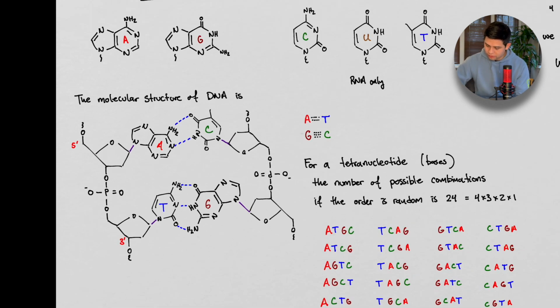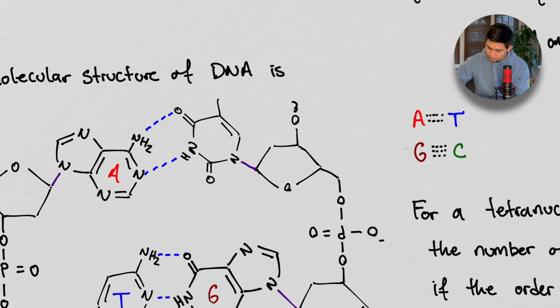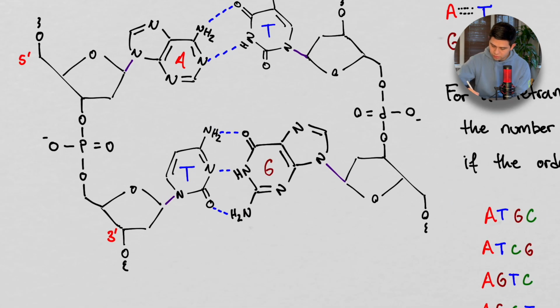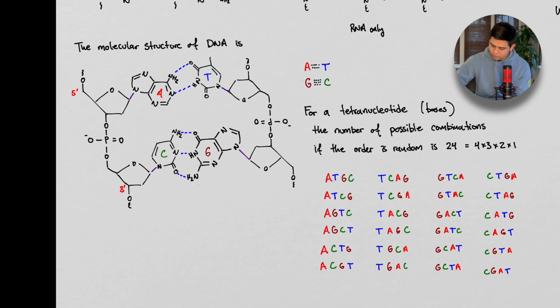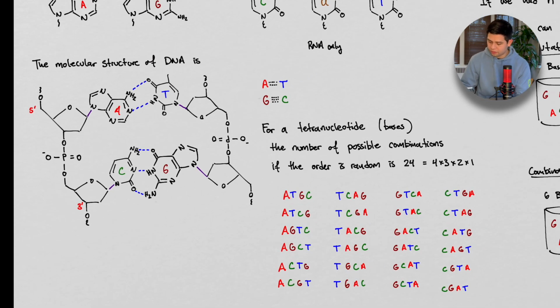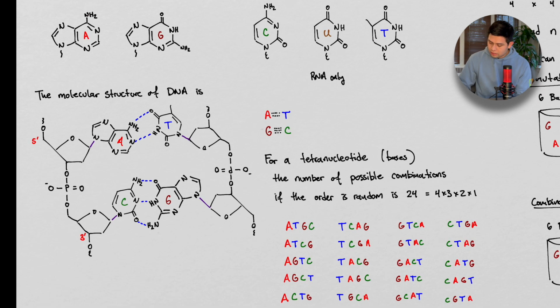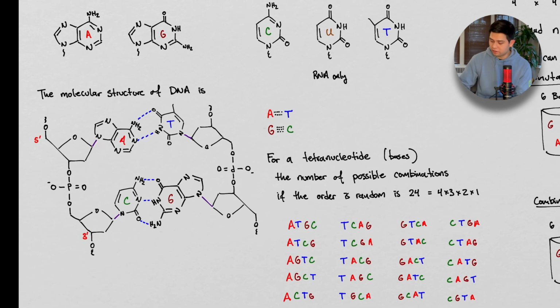This here is T, and then this here is C. All right, my bad. So we have more hydrogen bonds here. That means the degree of interaction is going to be stronger between G and C. That's something to keep in mind also.